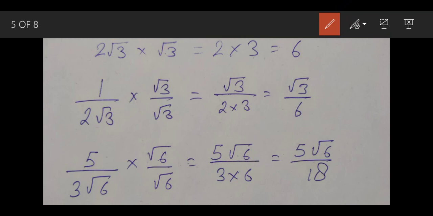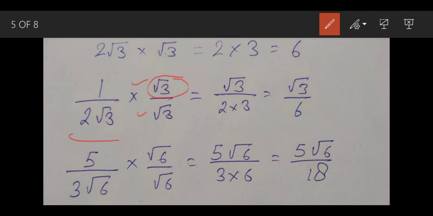We can't put our irrational number in the denominator. You have to always rationalize the denominator. To rationalize the denominator, what can we do? If we are given 1 upon 2 root 3, we will multiply numerator and denominator by the rationalizing factor. Here the rationalizing factor of 2 root 3 is root 3.